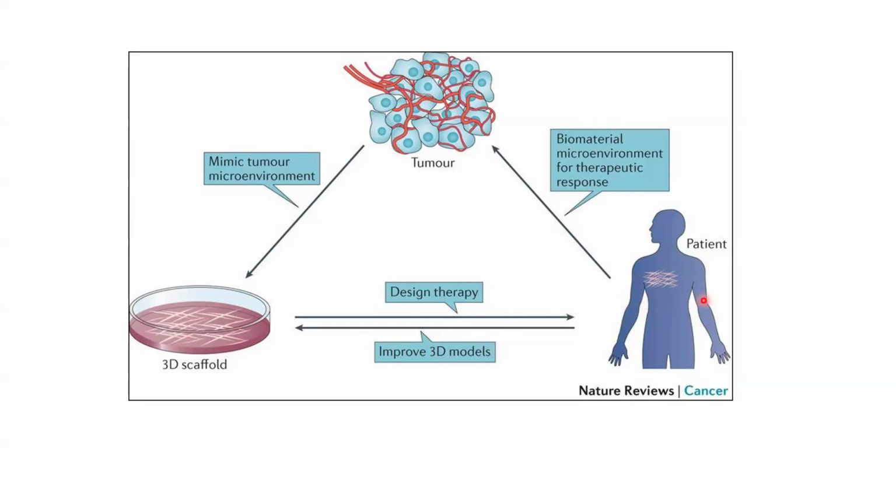And then once you have this 3D scaffolding, biomaterial microenvironment for therapeutic responses, you can develop a medicine to attack the tumor, right? So even without reading the text abstract, readers can at least get some idea to a certain extent.